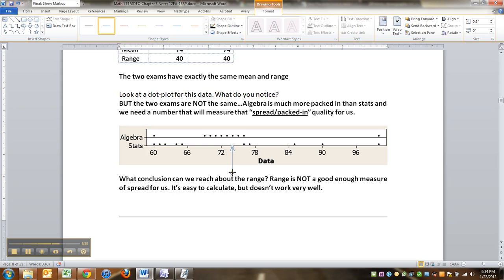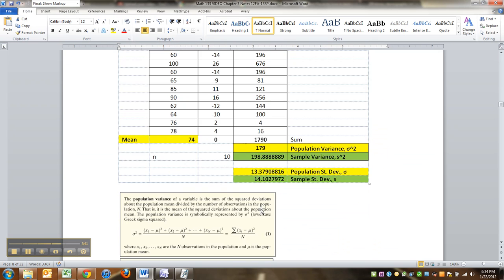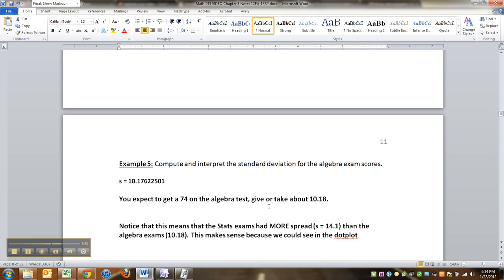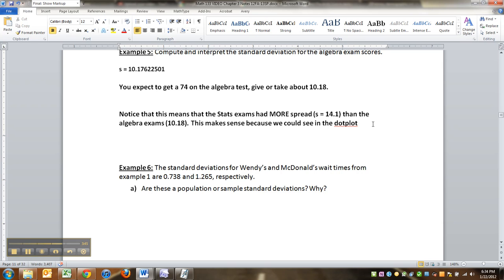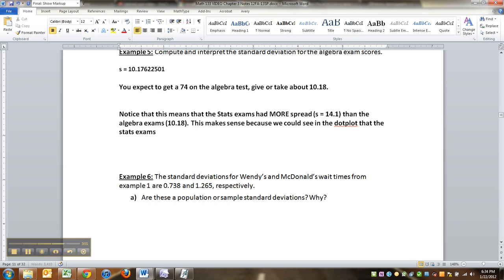If that's the mean, then who's more spread out from that mean? The stats exams. And that's what our numbers backed up. Our numbers backed up that we could see in the dot plot that the stats exams were more spread out from the mean of 74.